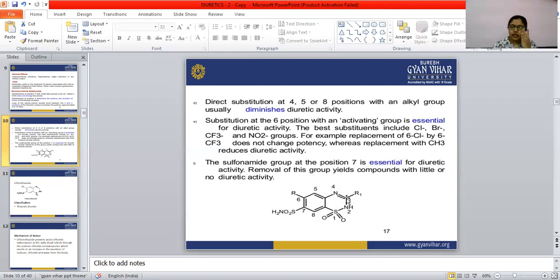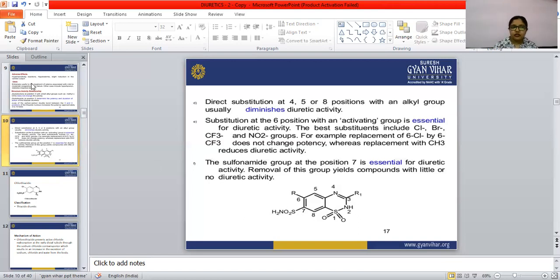If we are substituting any methyl group or alkyl group at the 4th, 5th and 8th positions, that decreases the diuretic activity. And at the 7th position there should be a sulfonamide group, which is essential for the diuretic activity.